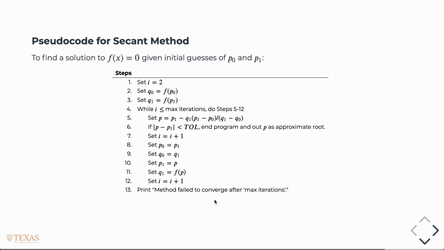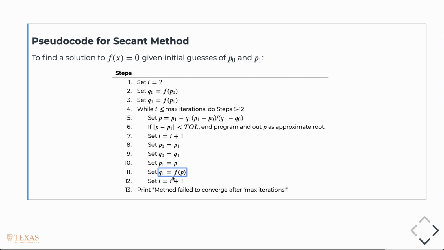Again, pseudocode for the secant method, pretty straightforward. We have a couple of functional evaluations so that we can compute the derivative. A loop, computing the new point from the definition of the derivative. I have a stop condition, and then just increments and new functional evaluation updates.